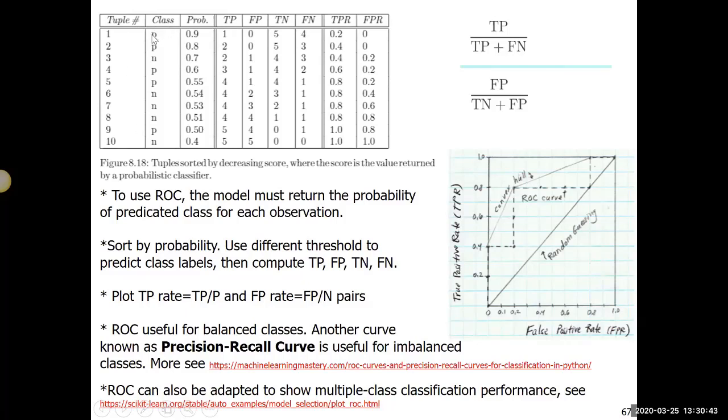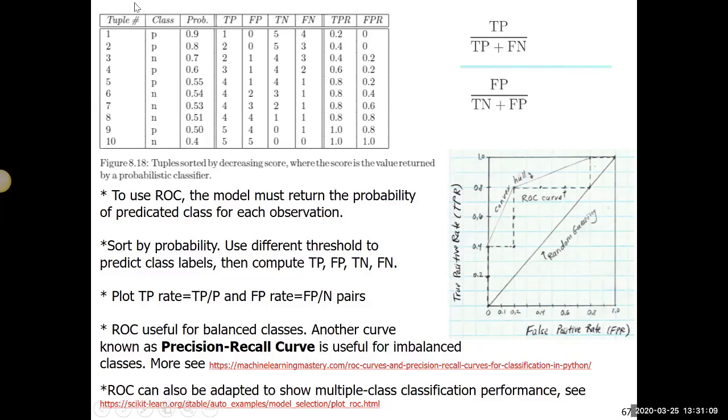We have their class labels. So this is the truth, the gold standard, ground truth. And this is our system's prediction. Our system predicted with 90% probability that this may be a positive class.